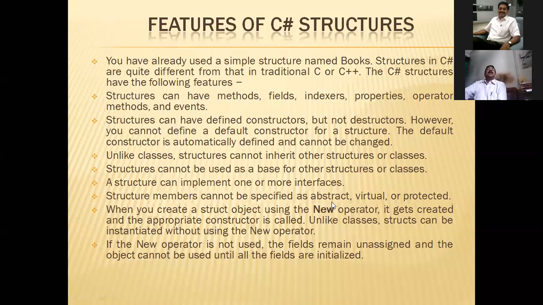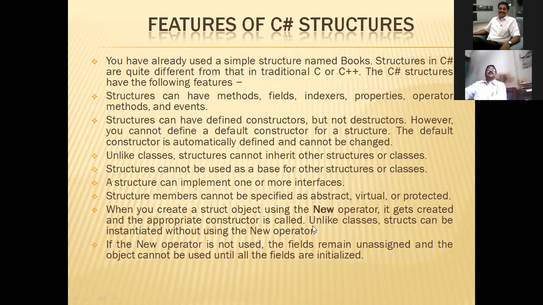When using the new operator, this is very important, the object gets created and the appropriate constructor is called. Unlike classes, structures can be instantiated without using the new operator.